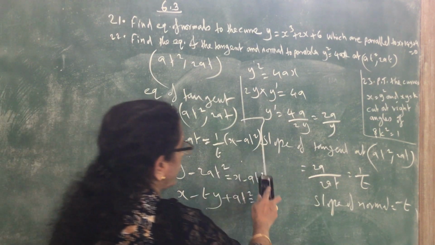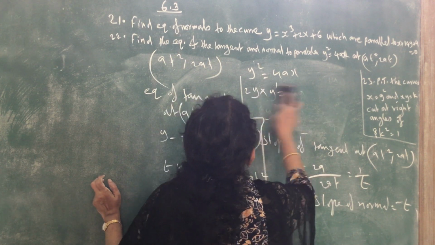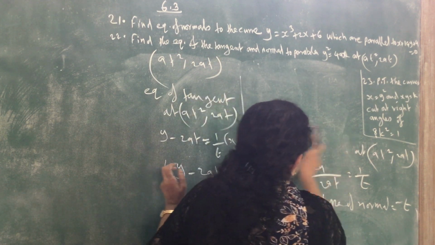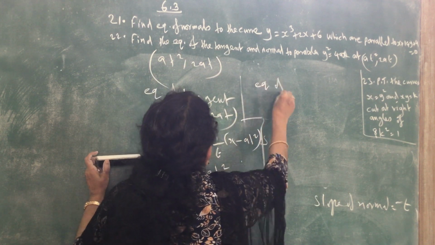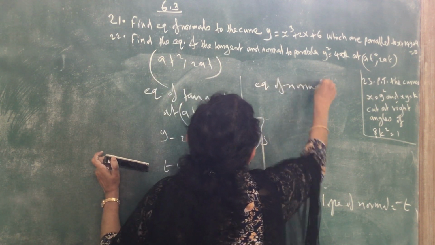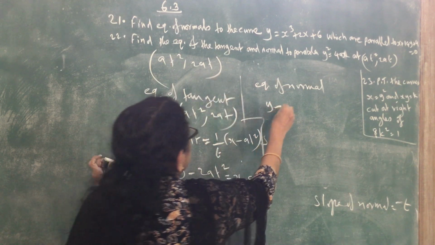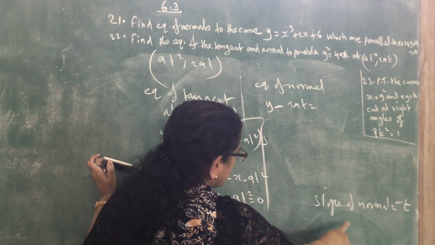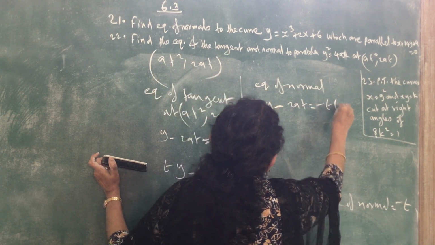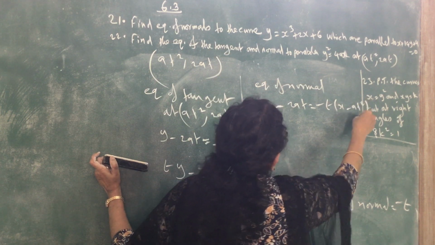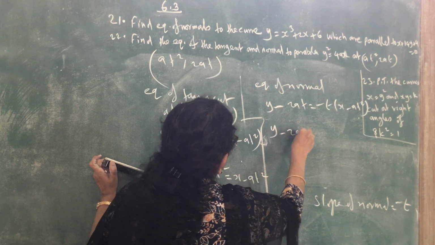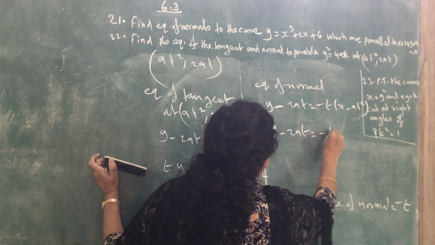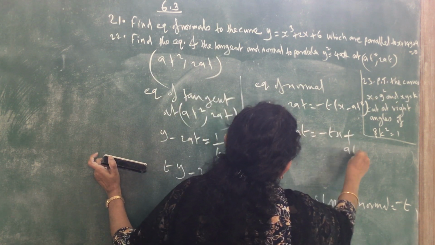Now we can find the equation of normal. The equation of normal: y minus 2at equals the slope of the normal, minus t, into x minus at square. So y minus 2at equals minus tx plus at cube.